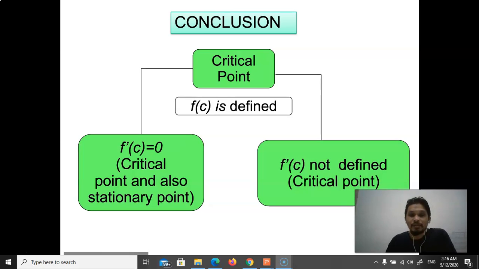So find the critical point where f(c) is defined. When f prime at x equal to c equals 0, it is a critical point and also a stationary point. But when f prime c is not defined, then it's just a critical point.